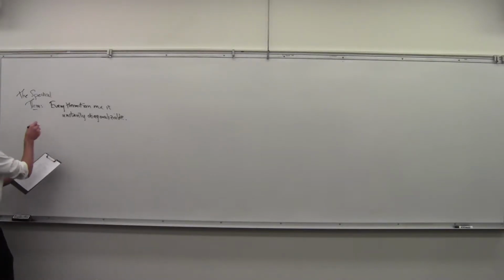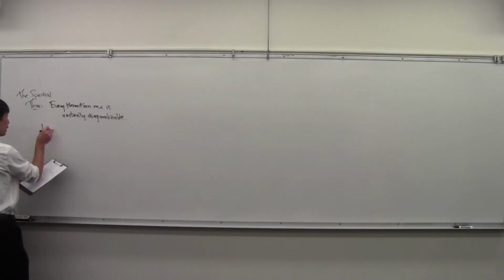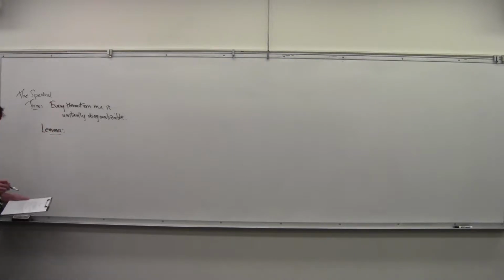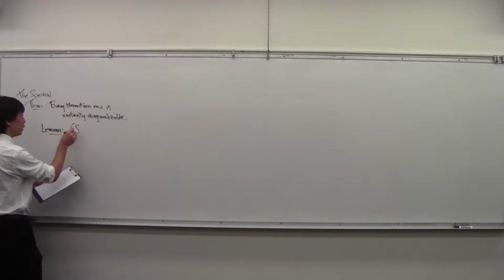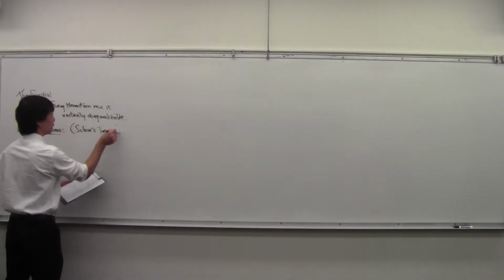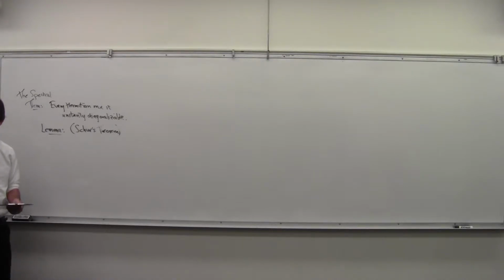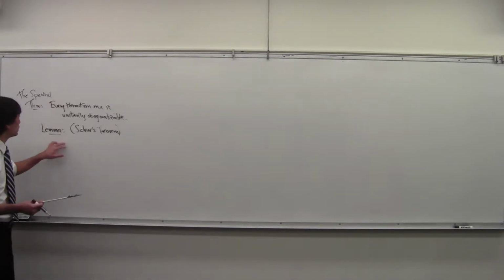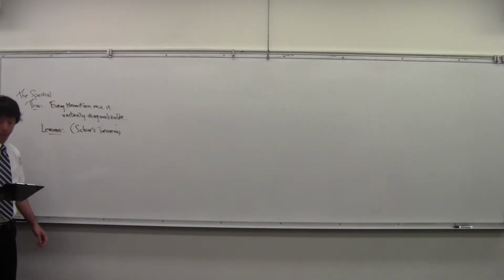So what we are going to need is the following lemma, and this lemma is so strong that it's actually called Schur's theorem. We're going to use this to get the spectral theorem.